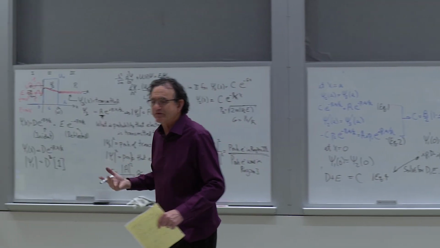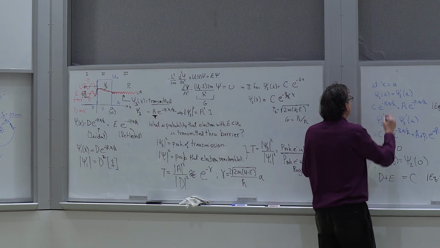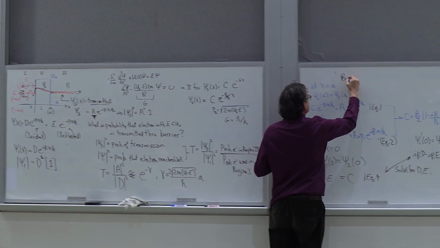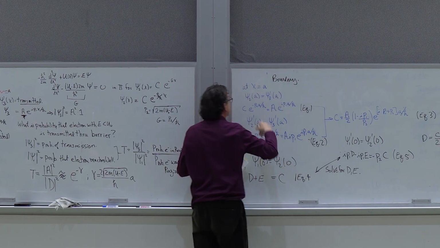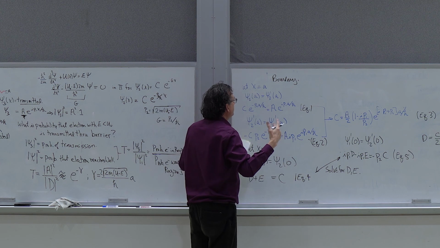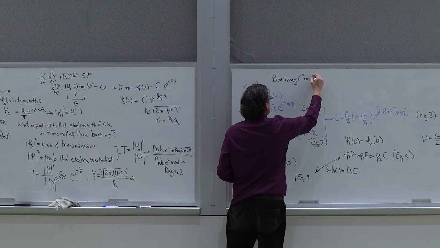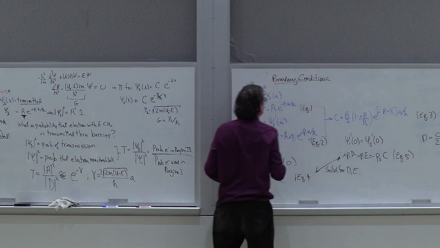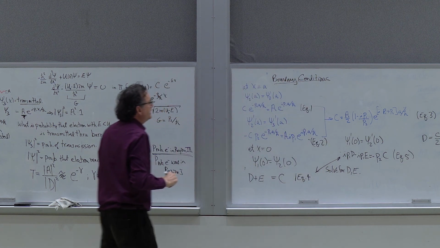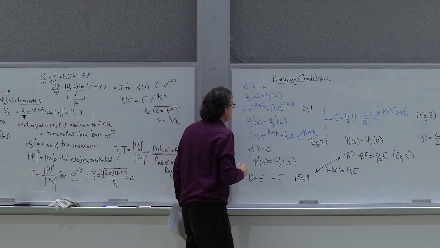But it does emphasize that the way you solve problems in quantum is that you have, these are all called boundary conditions. And you do the same thing if it's for the hydrogen atom, if it's for a particle in a box. Any wave equation you have has to have boundary conditions in order for you to be able to solve for the wave pattern. And part of that is solving for these, in this case, these coefficients.